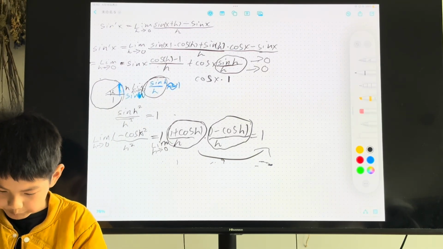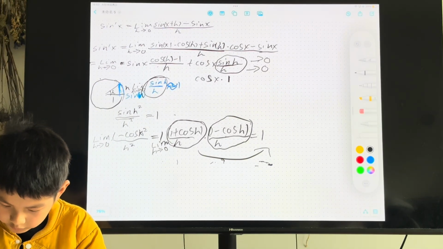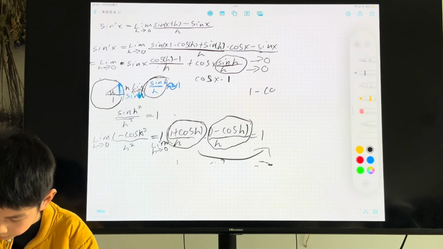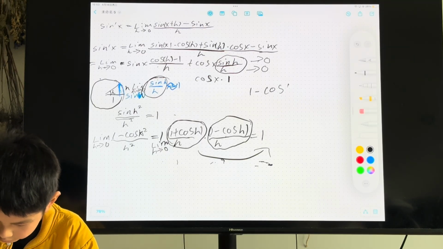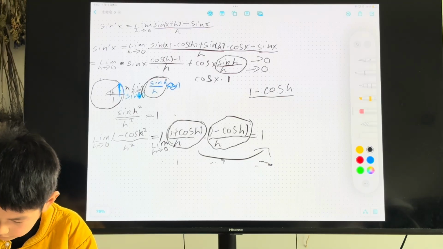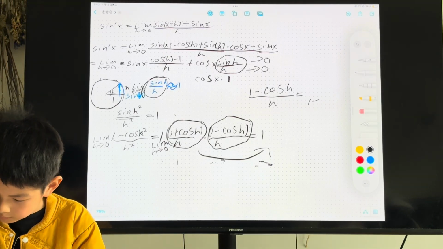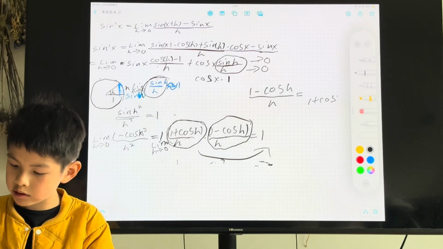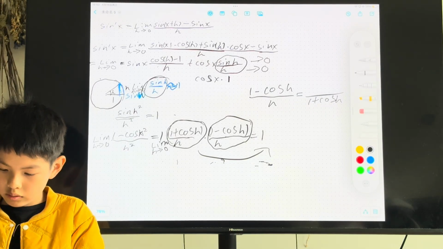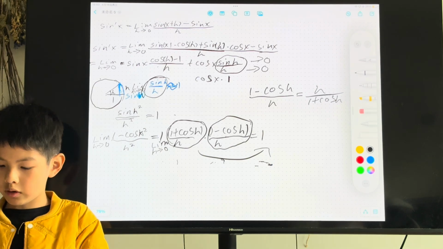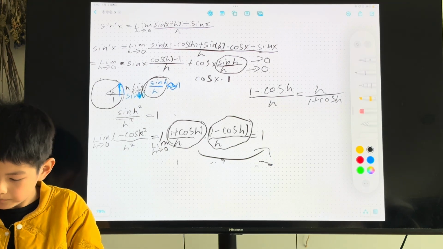That's better. And so this is 1 minus cosine of h, divided by h, equal to 1 plus cosine of h, over h over 1 plus cosine of h.